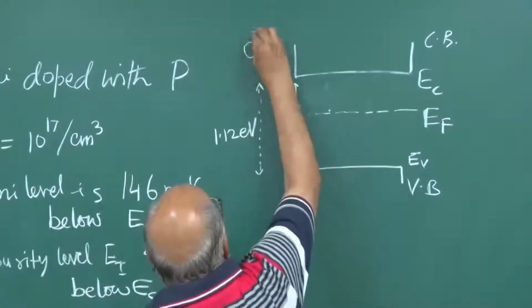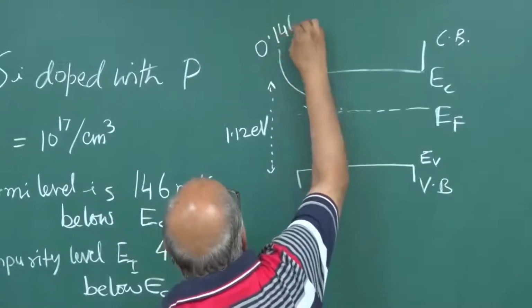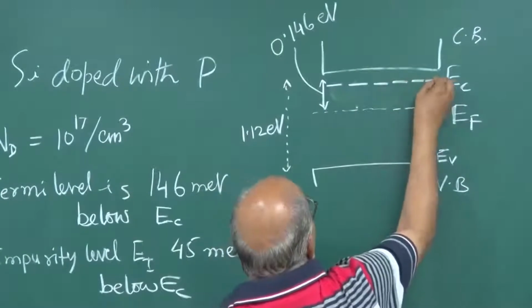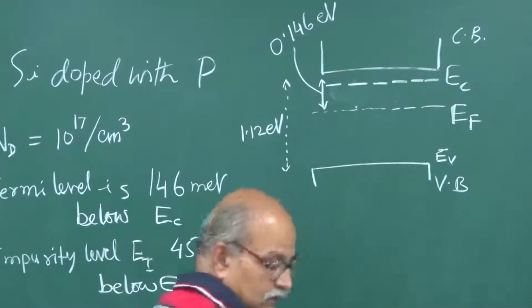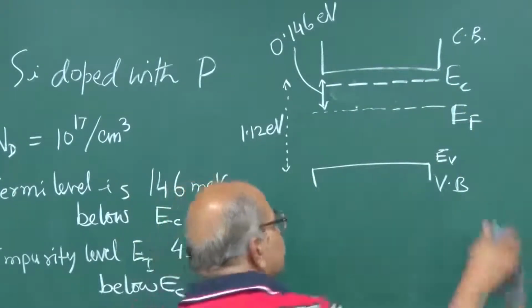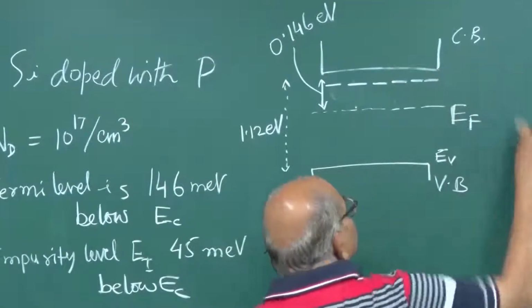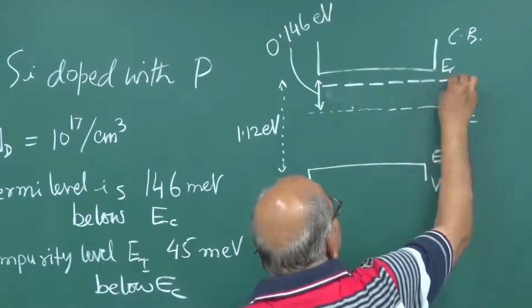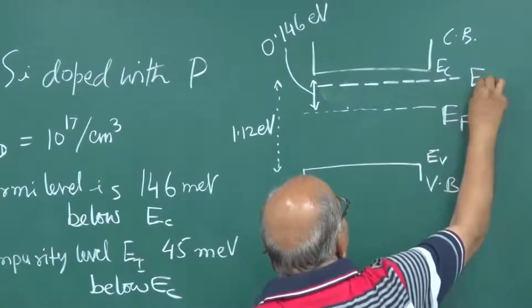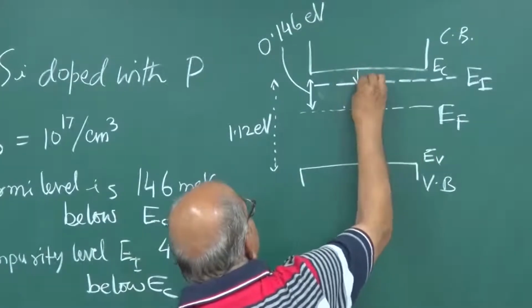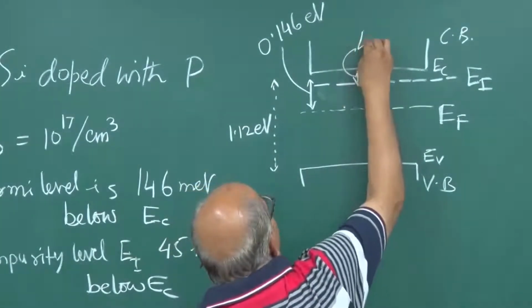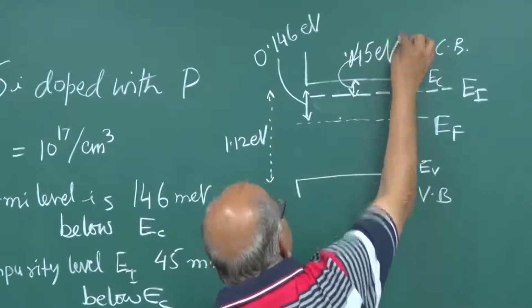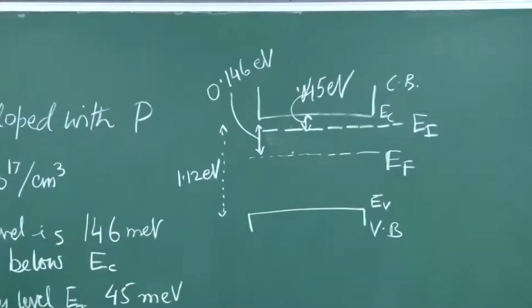This is 0.146 eV, and then the impurity levels are formed somewhere here. It's a lot of space problem. So this is EC, and then this is EI, the impurity level, and this separation is 45 meV, so 0.045 eV. So these are the data given.